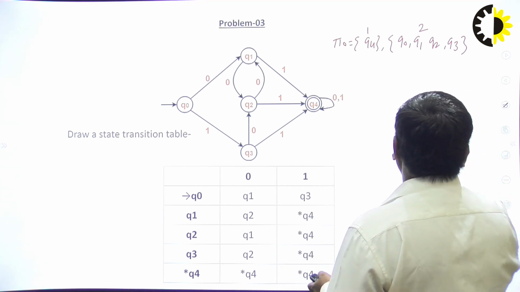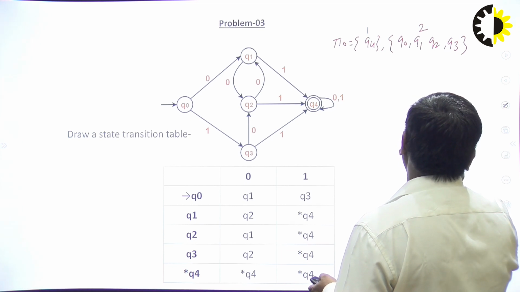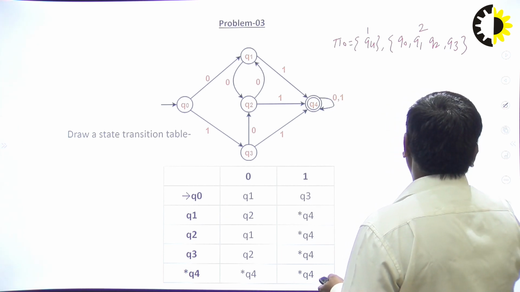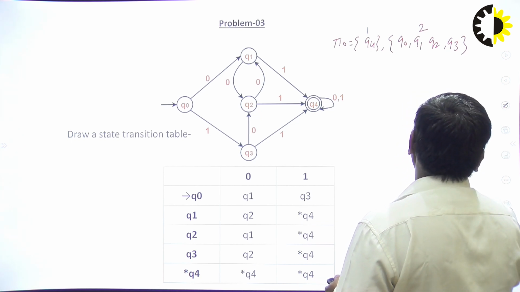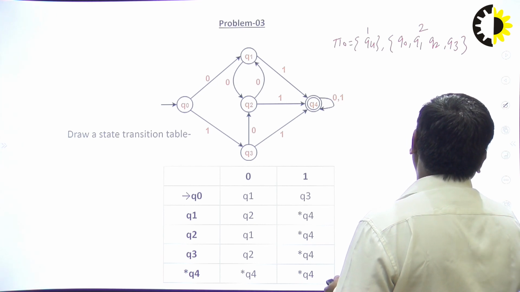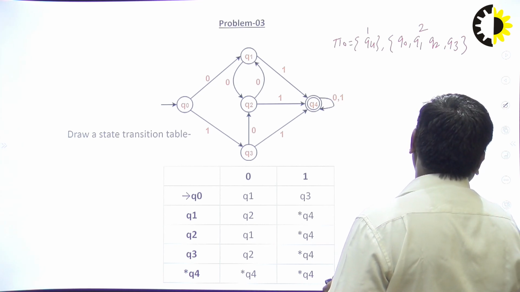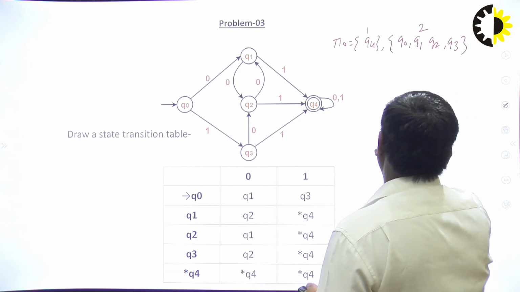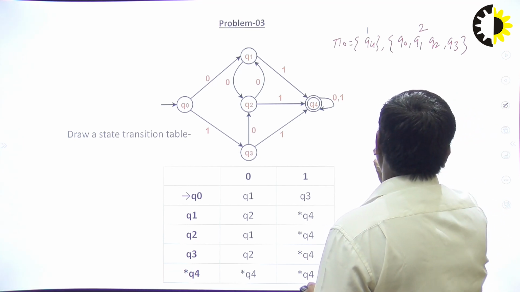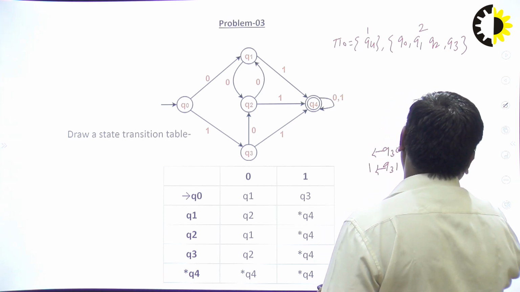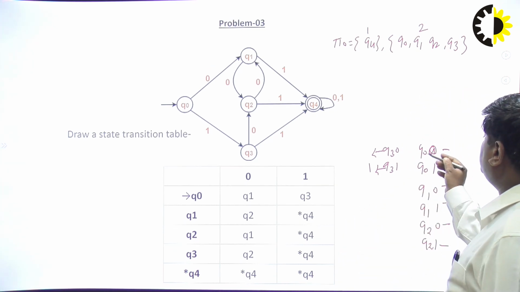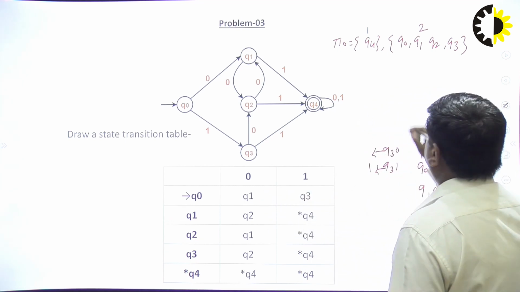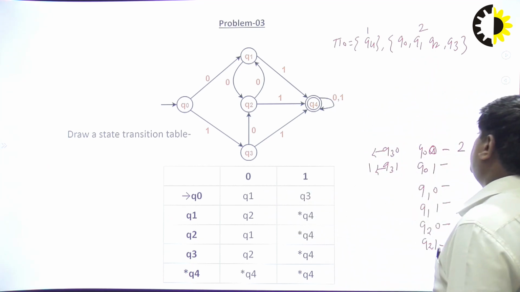Now we check the transition functions: Q0 on 0 and Q0 on 1, Q1 on 0, Q1 on 1, Q2 on 0, Q2 on 1, and Q3 on 0 and Q3 on 1. Q0 on 0 is Q1, and Q1 lies in set number 2.